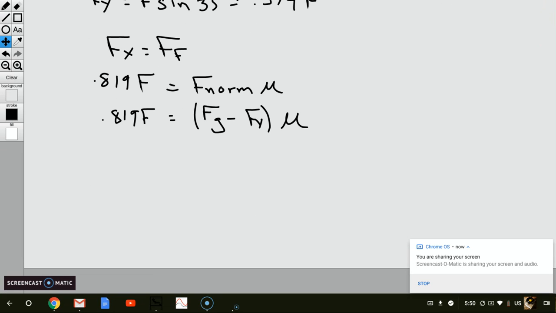The mass is 50, and Fg equals mg, so 50 times 9.8 gives us 490.